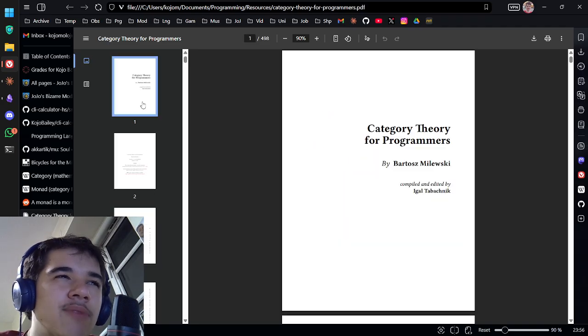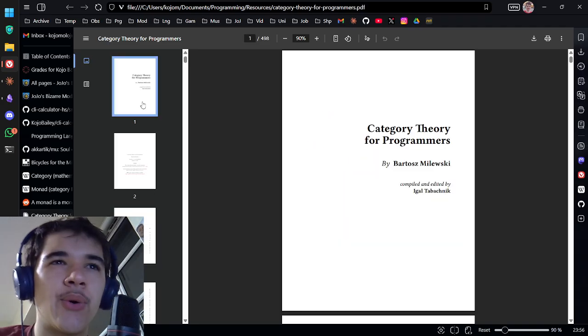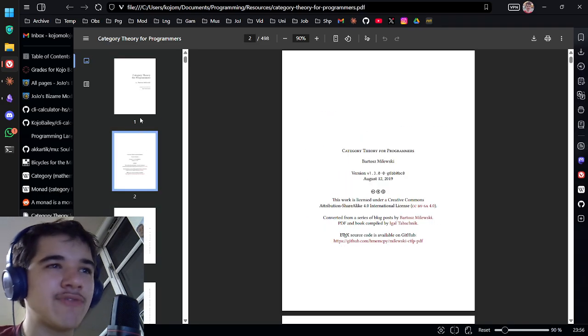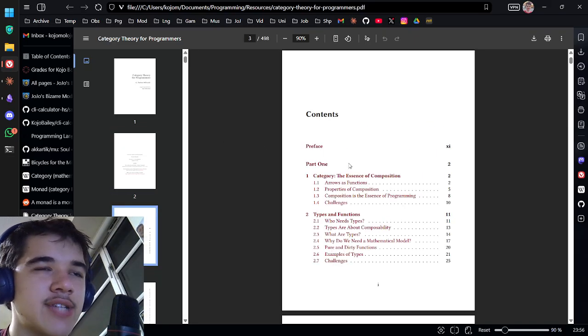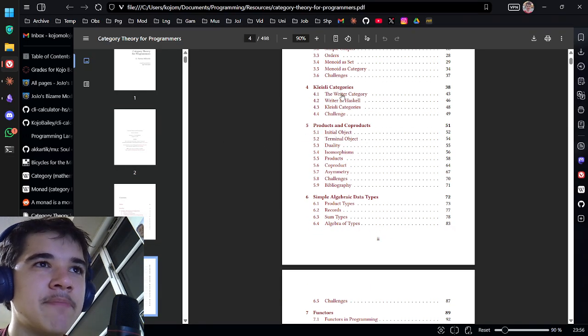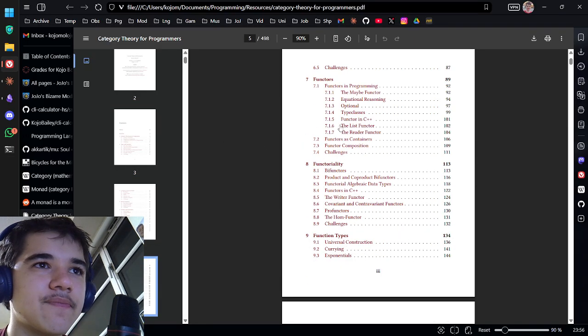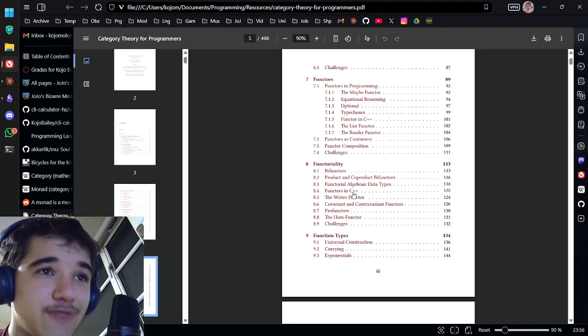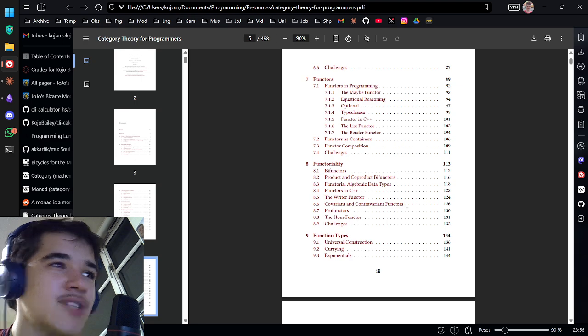But this is focused on programming, so I would like to look at this after I understand category theory in general. But it would definitely be good to look into it later, just to see how it's implemented. Oh, functors in C++. We'll look at that later for sure.